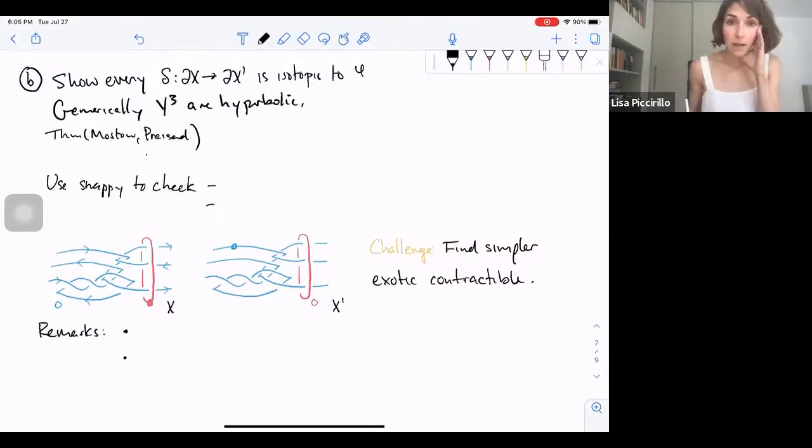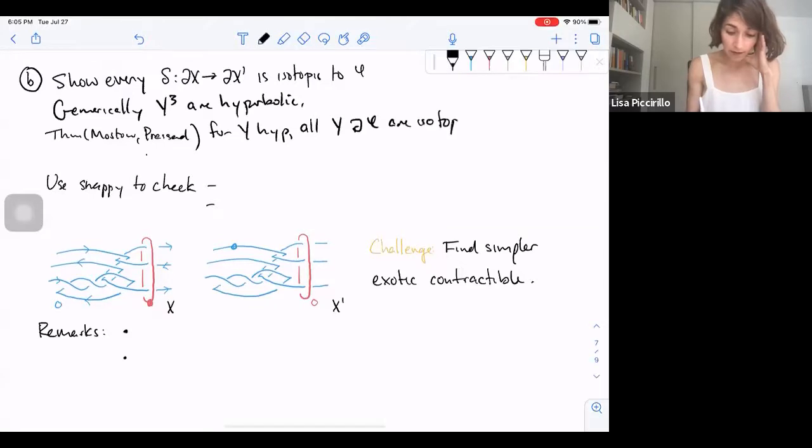And the self-homeomorphisms of hyperbolic manifolds are really well understood. It's the theorem of Mostow and Prasad that for Y hyperbolic, all homeomorphisms from the manifold to itself are isotopic to isometries.